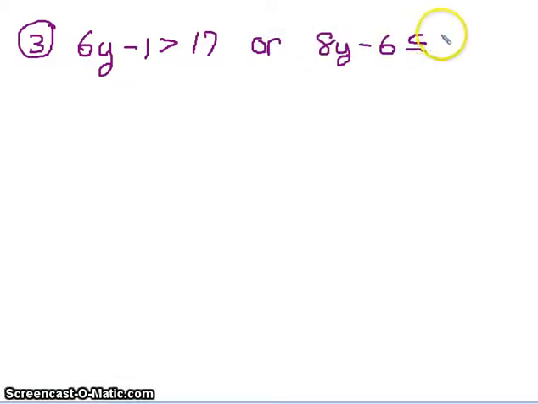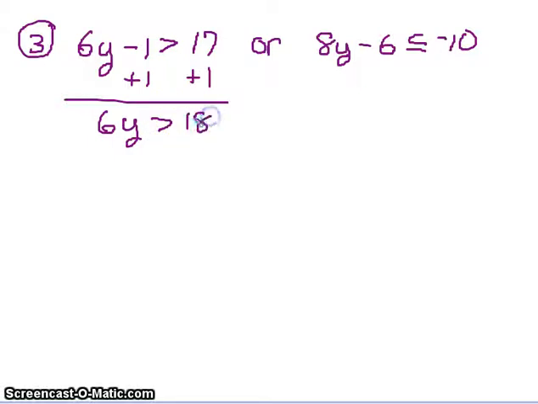Number 3, if I have 6y minus 1 is greater than 17, or 8y minus 6 is less than or equal to negative 10. It's okay to have two different symbols or two different inequality signs. That's fair. We have 6y is greater than 18.